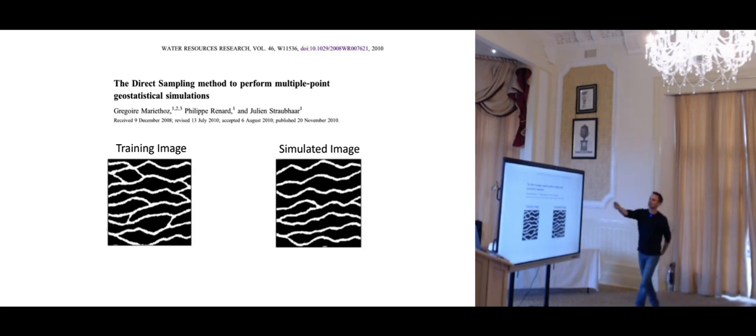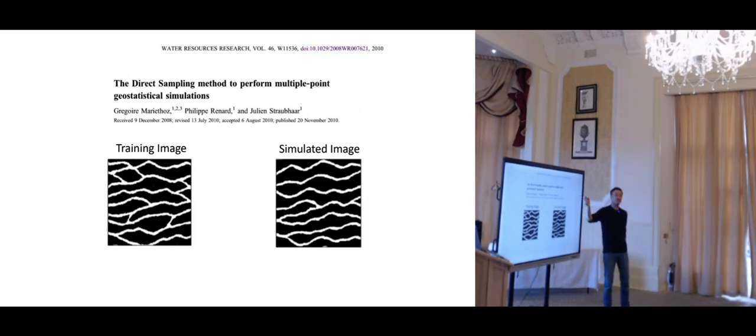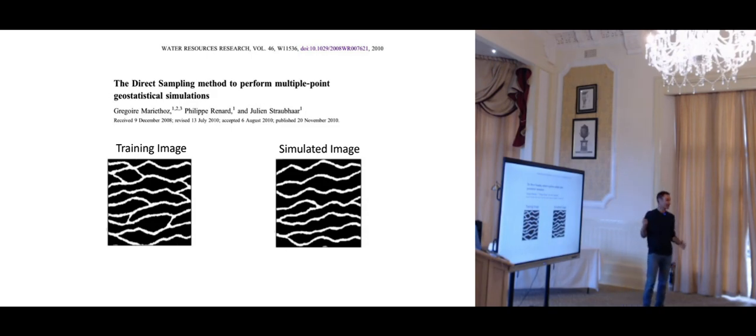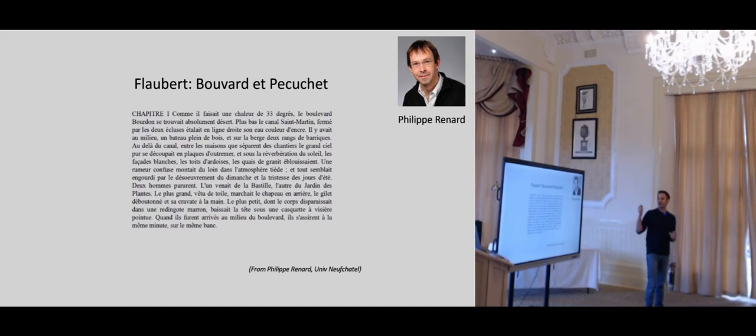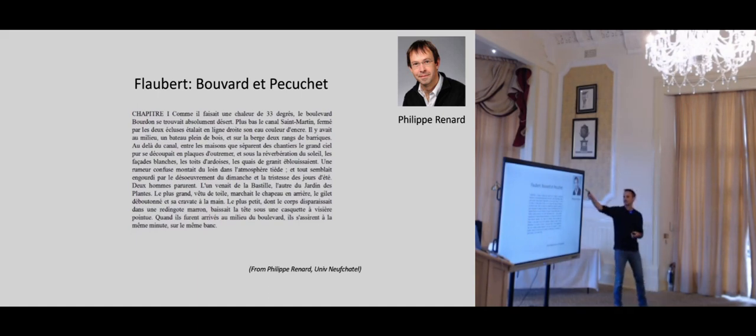To describe this algorithm, the direct sampling algorithm, Philippe Renard has an example that comes from text generation. It is going to do exactly the same thing, but with text generation. I'd like to show you how it works, because it's nice to understand the algorithm. This is an example from Philippe Renard, who is in Neuchâtel in Switzerland.